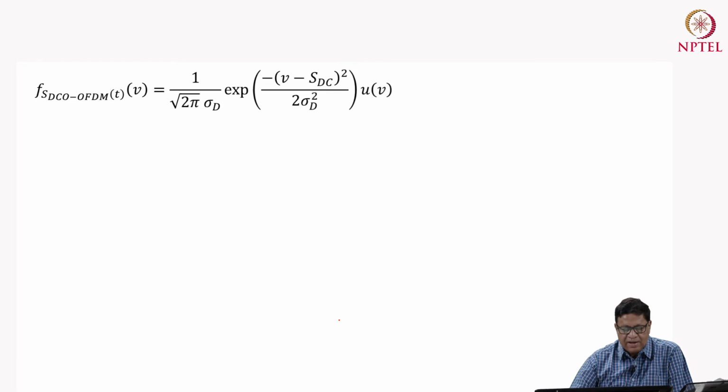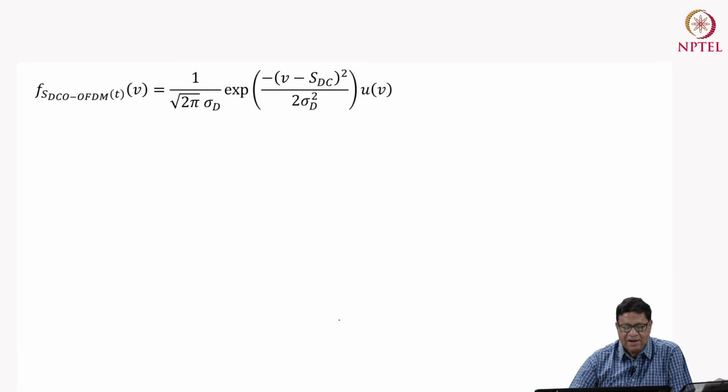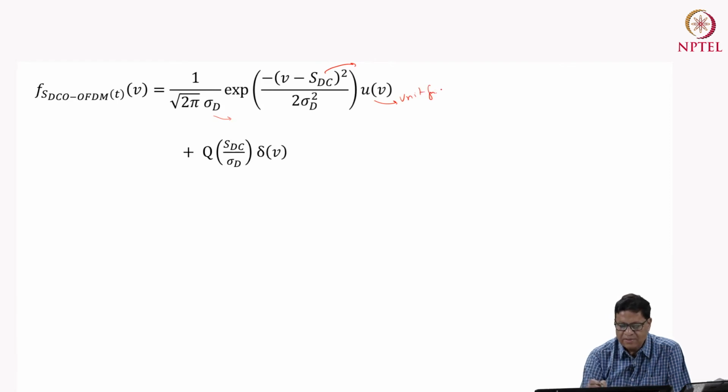And this can be written as, the first part, as I told you, is a Gaussian distribution, which can be written as 1 by root 2 pi standard deviation, exponential of minus v minus the average value mu, whole squared, divided by 2 sigma d squared, and this is a unit step function. And plus, because of the clipping, q SDC by sigma d into the Dirac delta function.